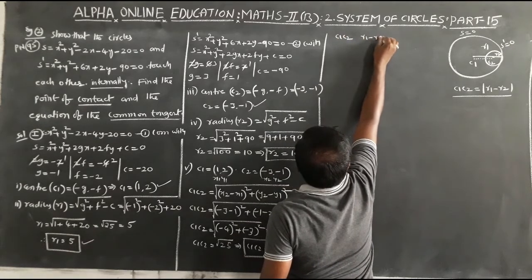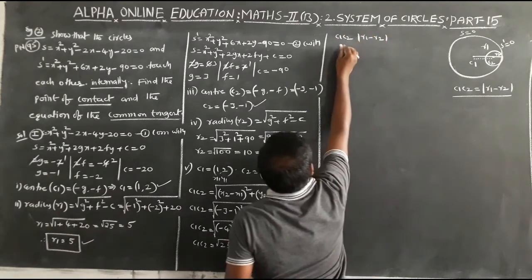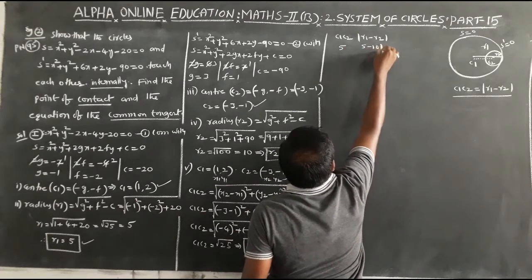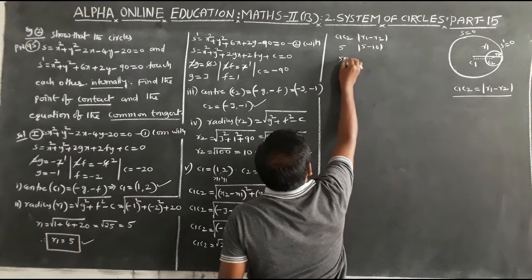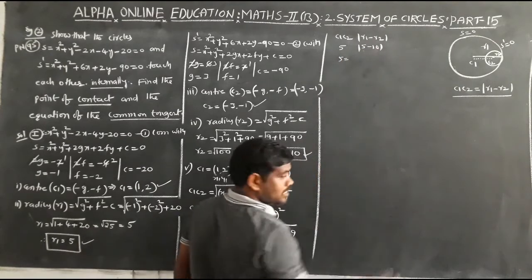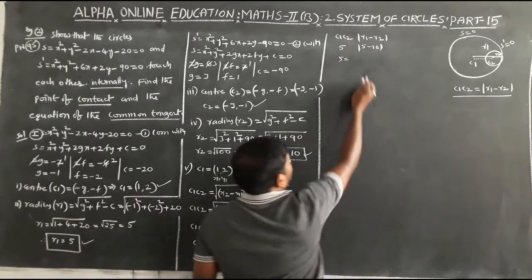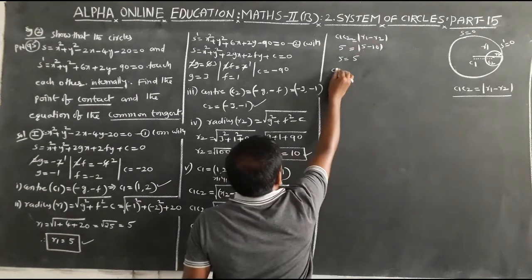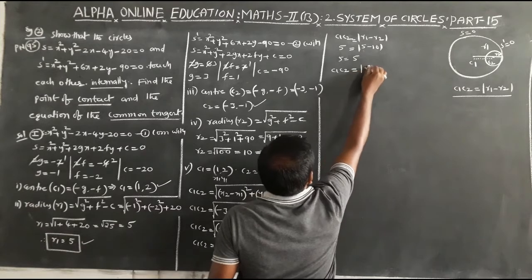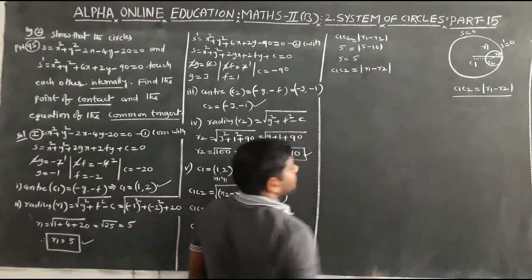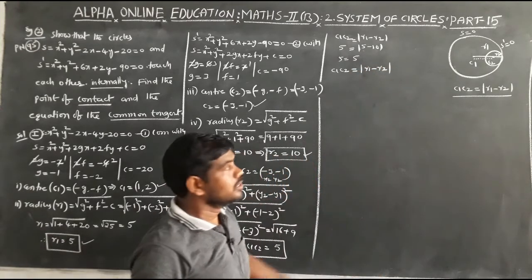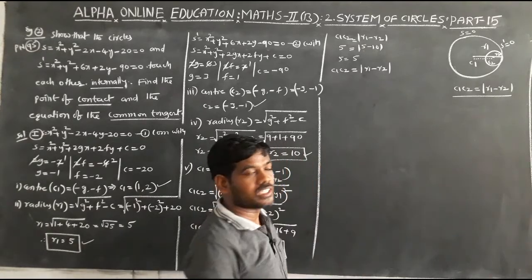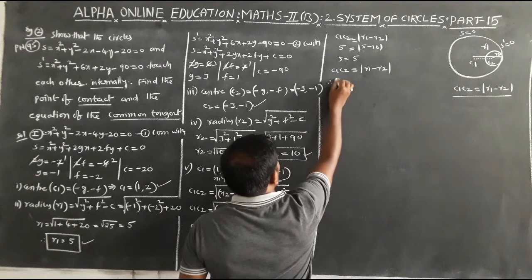C1C2 is 5, R1 is 5, R2 is 10, so 5 is equal to mod of 5 minus 10, which is mod of minus 5, which is plus 5. Here they are equal: C1C2 is equal to mod of R1 minus R2. Therefore, the given two circles touch each other internally.